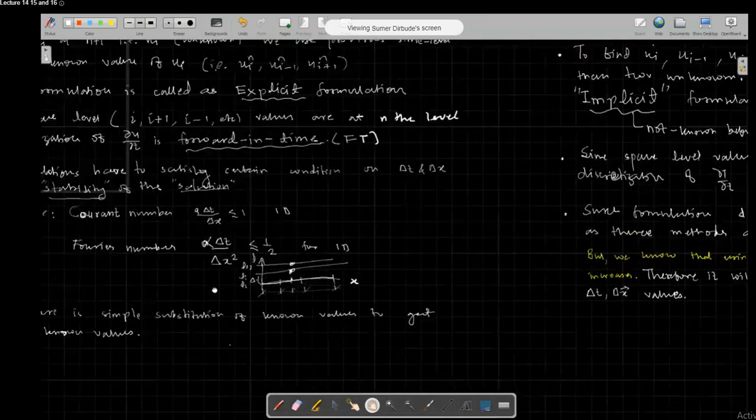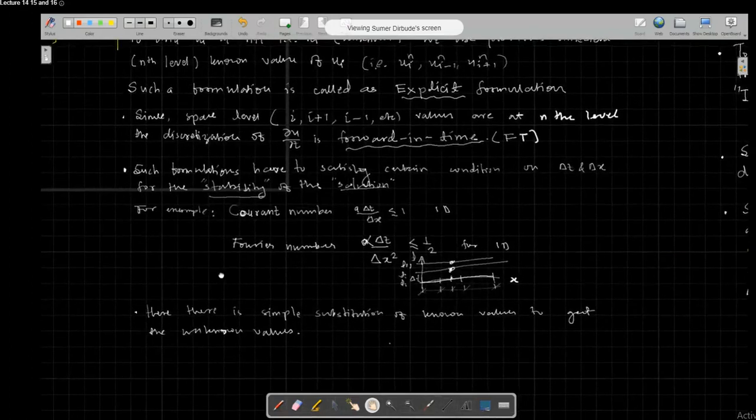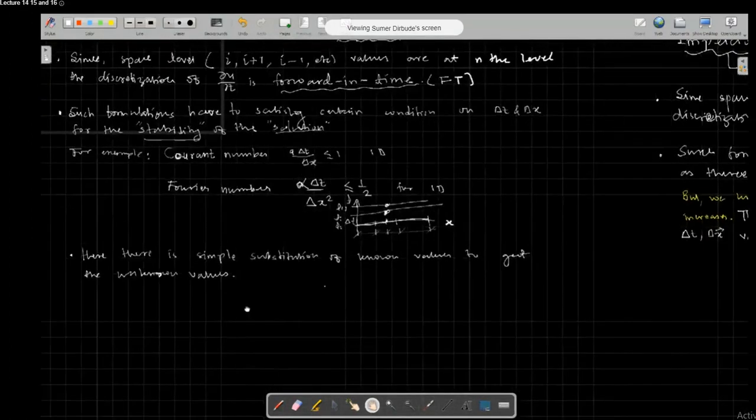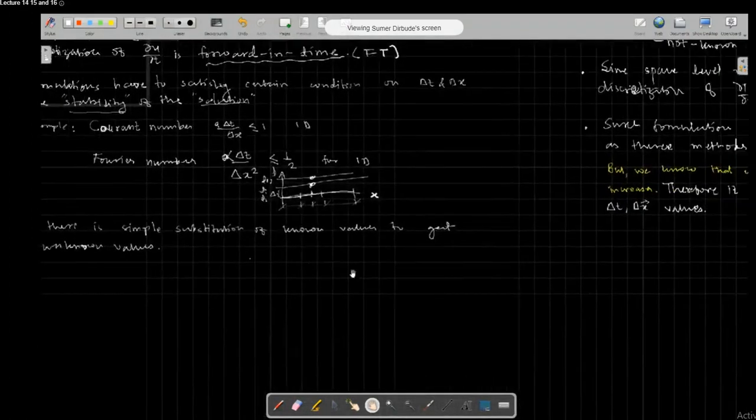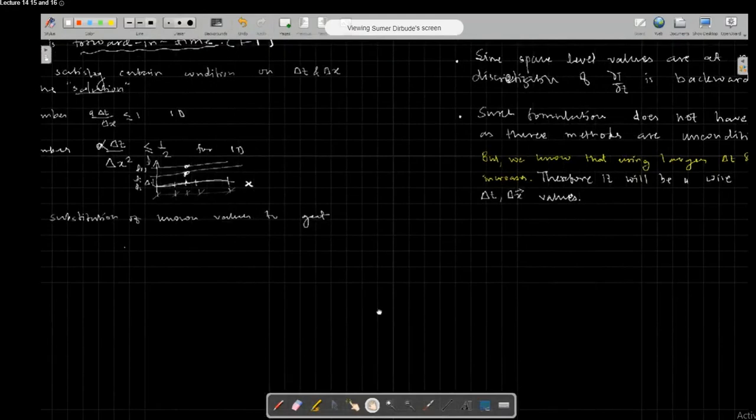Next, what was the classification? There is no Fourier number criterion, and here there is no simple substitution.